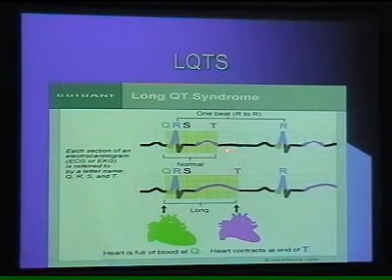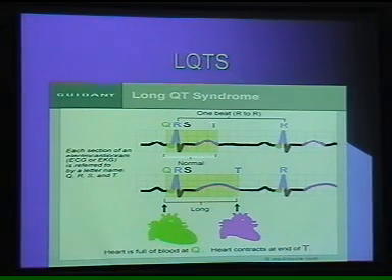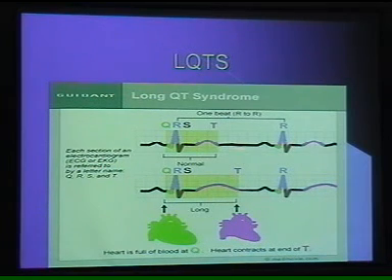If this is prolonged, that makes the chances of an extrasystole occurring on the T wave more likely, the R on T phenomenon we mentioned. So this we can pick up from the ECG. Now here is a normal tracing with a normal QT.